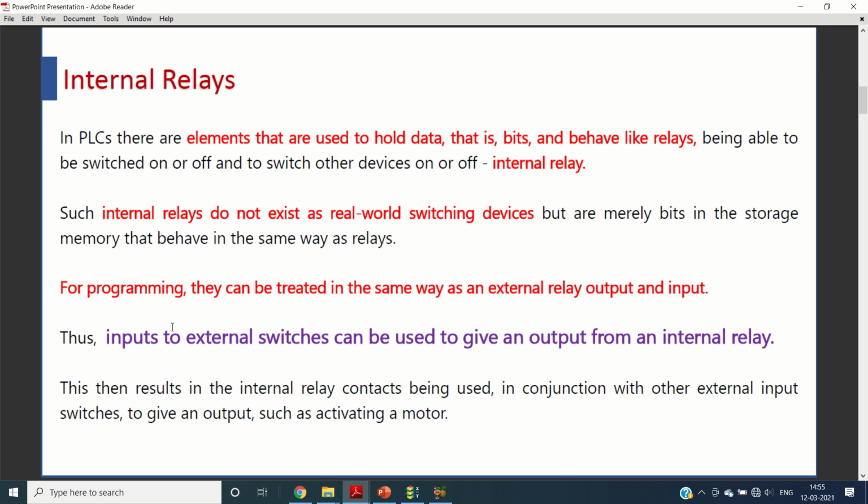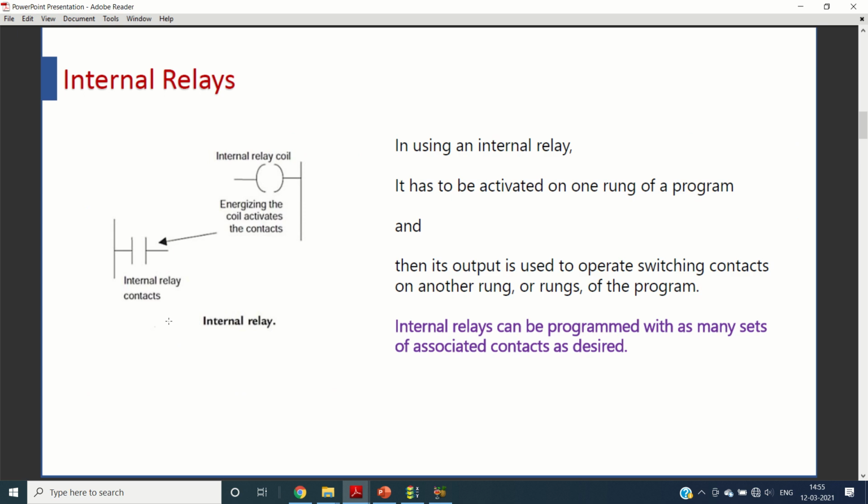When the internal relay is activated, the output of that internal relay can be applied to activate another external relay. That's why it is said that internal relay contacts in conjunction with other external inputs can activate a load. This is a very interesting concept that you can use.